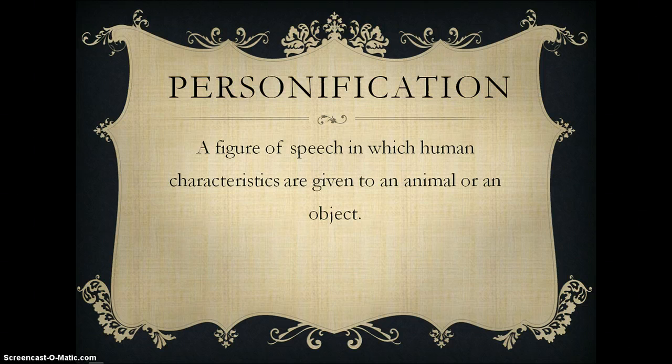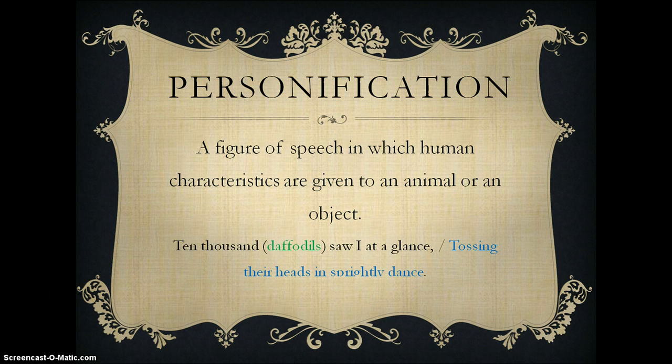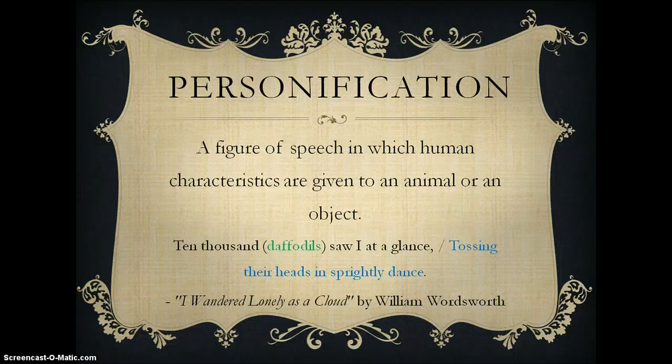Next, we're going to talk about personification. Personification is just a figure of speech where human characteristics are given to an animal or to an object. To show an example of personification, I use this quote from I Wandered Lonely as a Cloud by William Wordsworth. 10,000 daffodils I saw at a glance, tossing their heads in a sprightly dance.